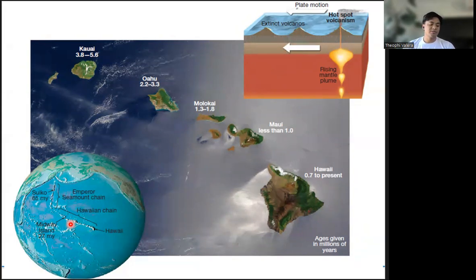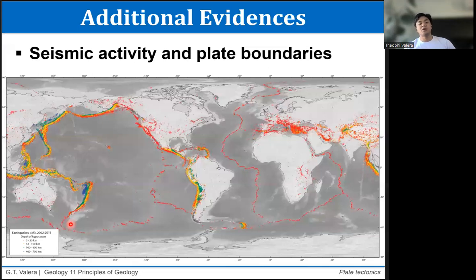So the question now is, if you have the lithosphere being divided into plates, nasan yung divisions nila? Nasan yung boundaries of these plates? And we now use yung seismic activity or the location of earthquakes to define kung saan yung plate boundaries natin.